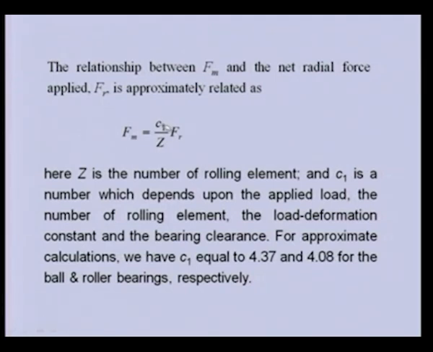C1 constant depends upon the number of rolling elements, load deformation constant, and bearing clearance, and approximately it can be taken as 4.37 for ball bearing and 4.08 for roller bearing. So this relation gives directly the load shared by a particular roller or ball which is just below the radial direction. So once we have obtained this load from previous relations, we can obtain the deformation also.